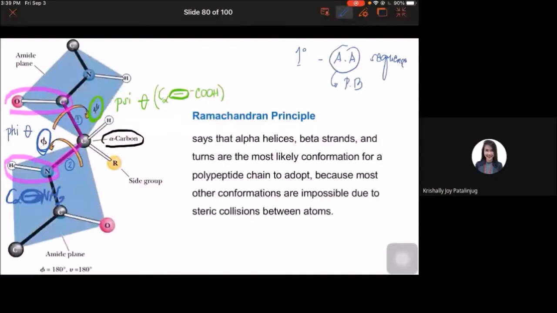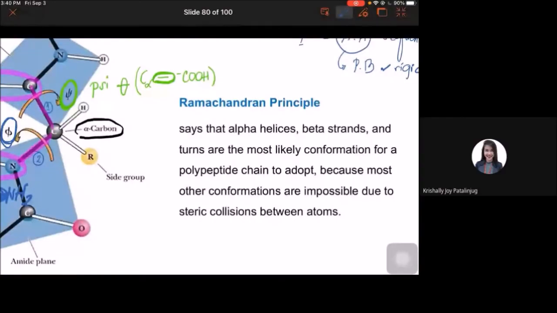No, because they are rigid. We only have other rotational bonds that cause folding, that cause rotation of the peptide chain. Because of those rotating bonds, we form angles, the phi and psi angles.